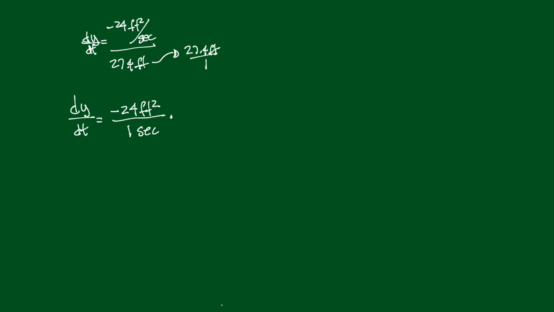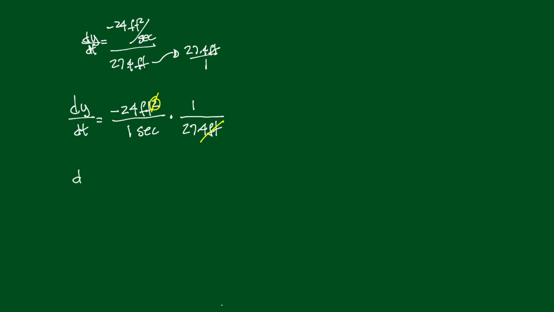So how do you divide? You invert and multiply, right? Multiply by the reciprocal. So let's invert this. Just flip it over, so you get 1 over 27.4 feet. Now the feet here will cancel with one of these. Let's see what we're left with.